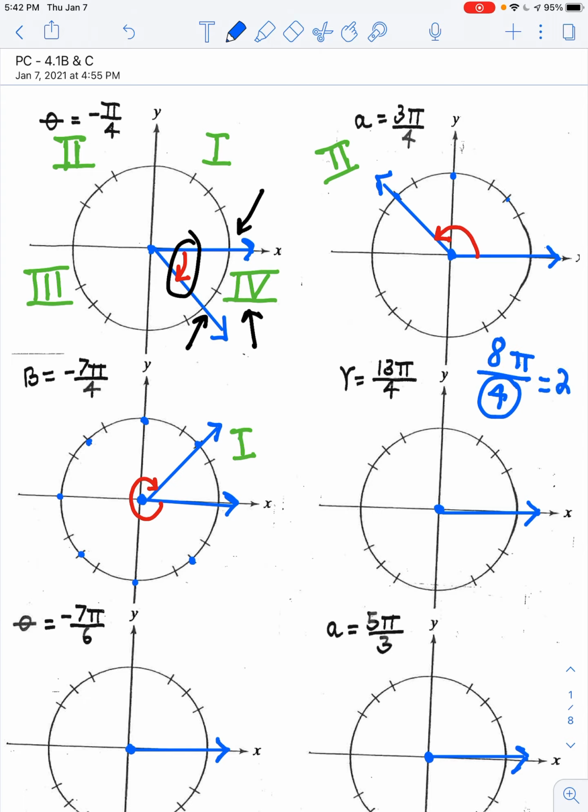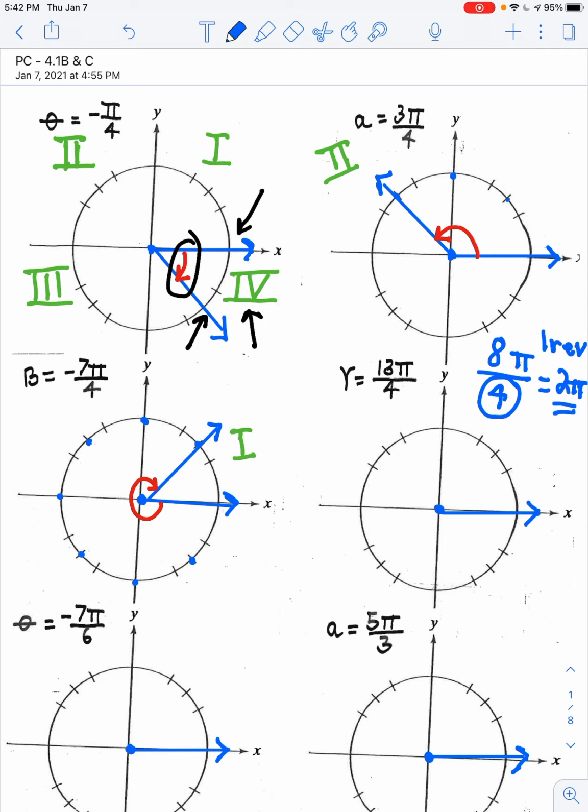I'm going to suggest 8 pi over 4 will be equivalent to 2 pi, or 1 revolution. So I know 13 pi over 4 is more than 1 revolution because it's more than 8 pi over 4. It's actually 5 pi over 4 more than 1 revolution.